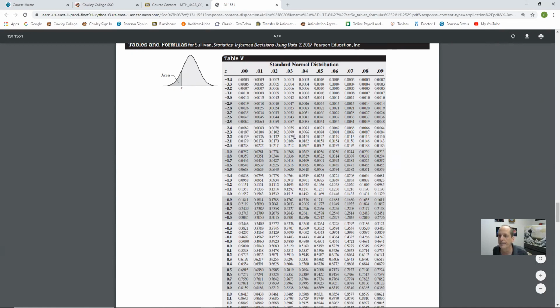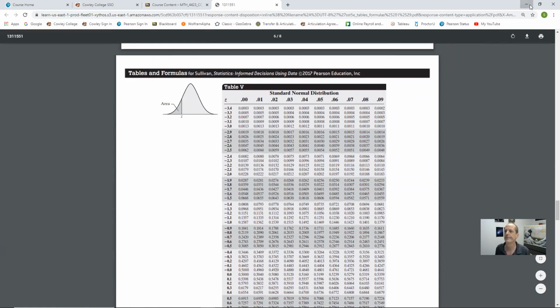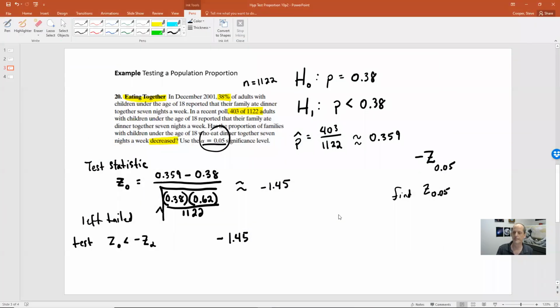where Z to the left is 0.05. Now remember, this is Z to the left. So Z to the right would be 1.645.